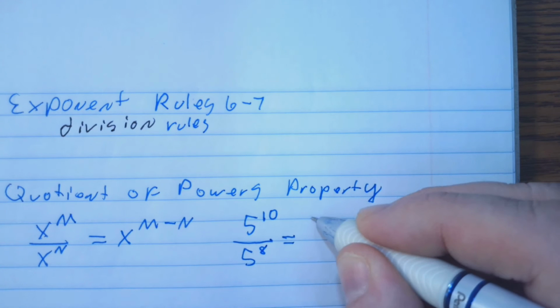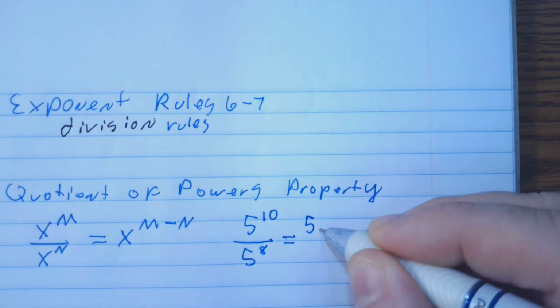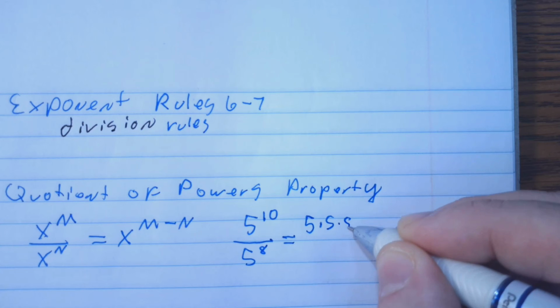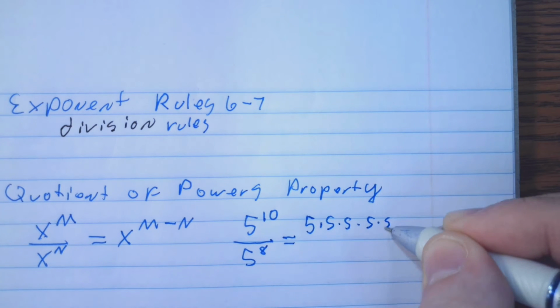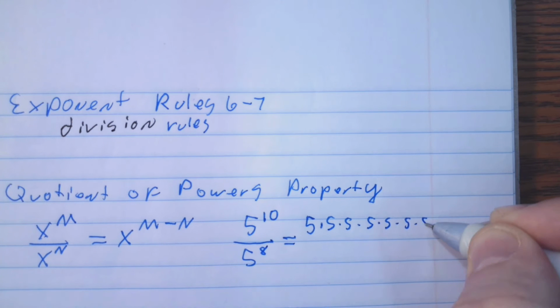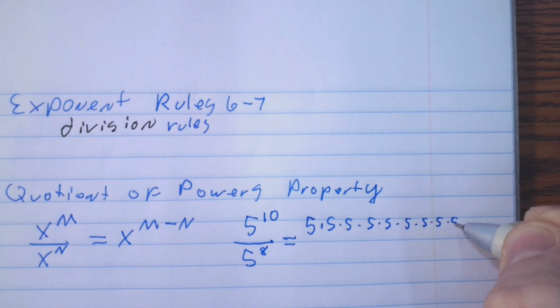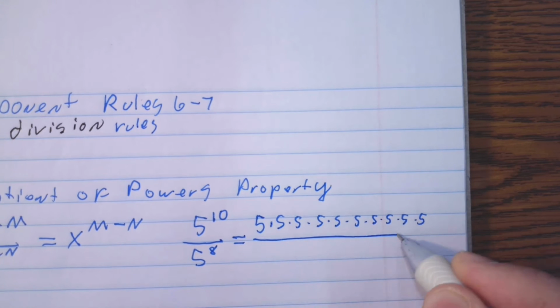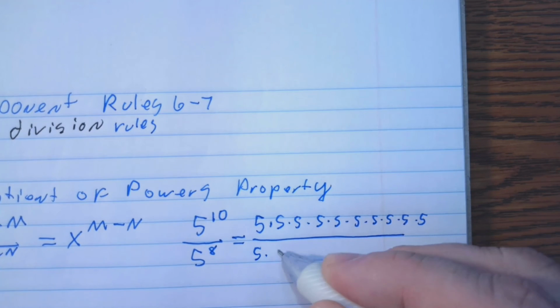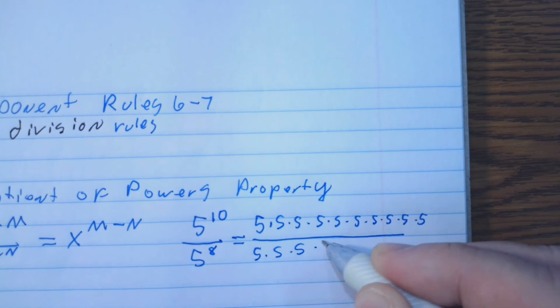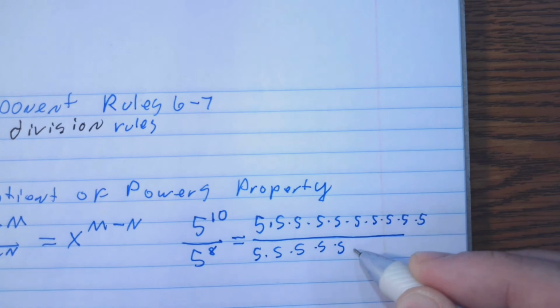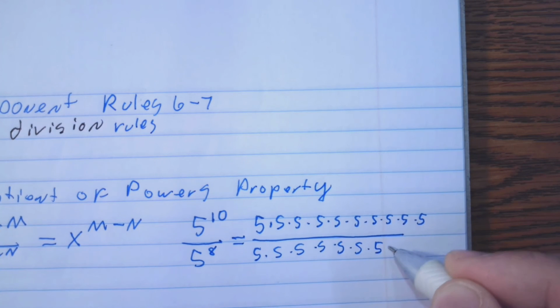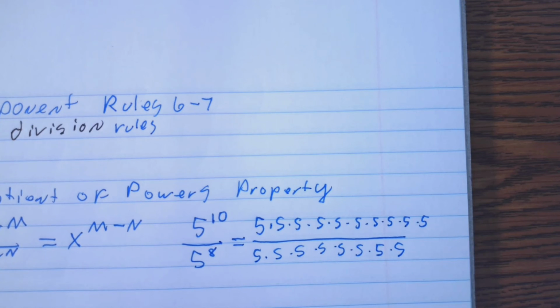That's 10 of them. 5, 2, 3, 4, 5, 6, 7, 8, 9, 10. Right? And 1, 2, 3, 4, 5, 6, 7, 8. Okay. So that's expanded form.